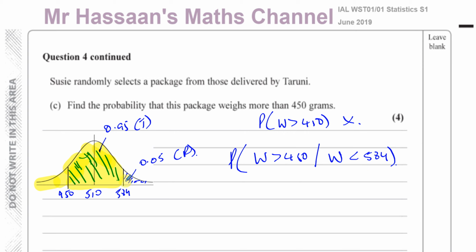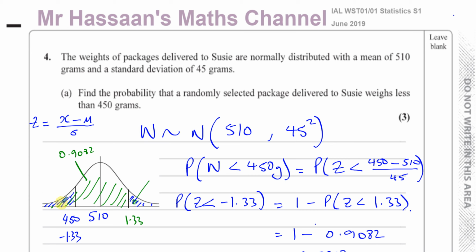We're not choosing from the ones above here, only the ones that Taruni delivers. And we want to find the probability that from those, the weight is between 450 and 584. So I need to find this area here. Now I already know that this area over here, we found it in the first part of the question, is the same as the area over here, which was 0.0918.